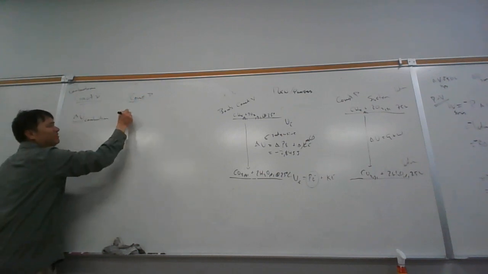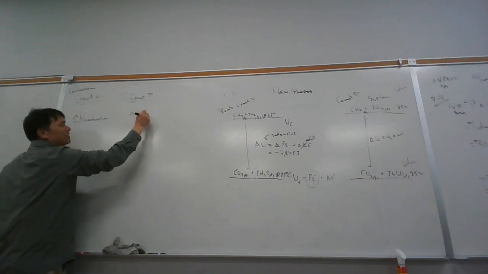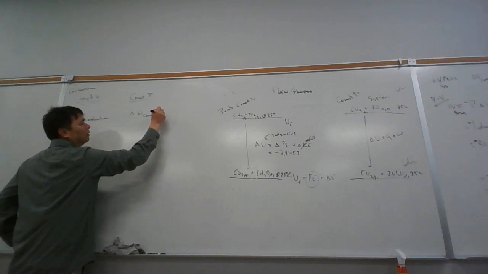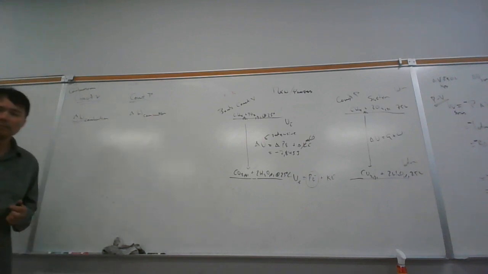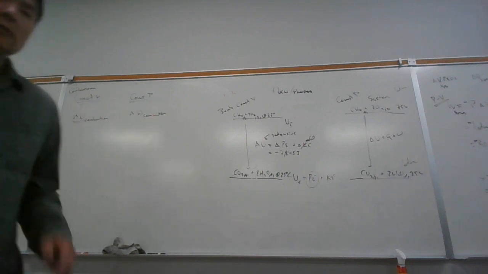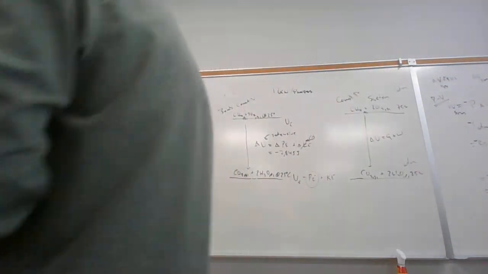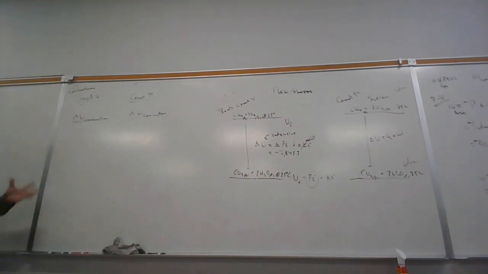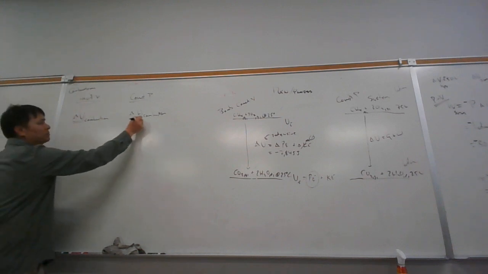The new symbol is going to be delta H of combustion. So the basic difference between a delta U and a delta H is that delta H adds in the extra factor of work that has to be done if you want to maintain constant pressure.